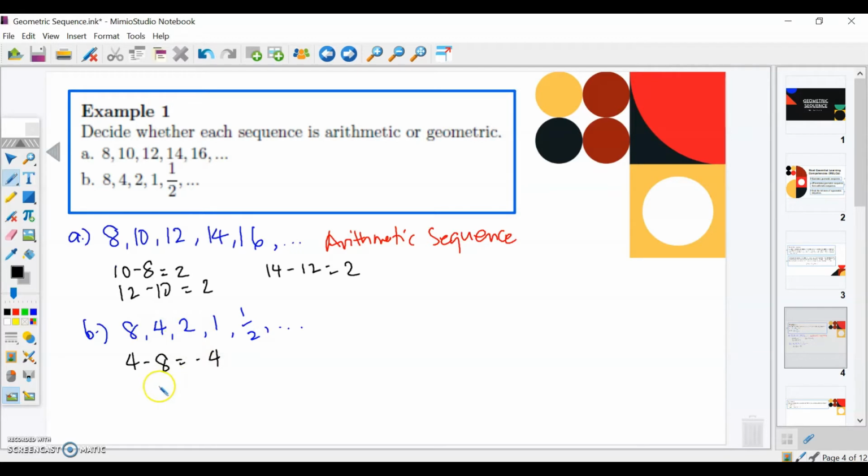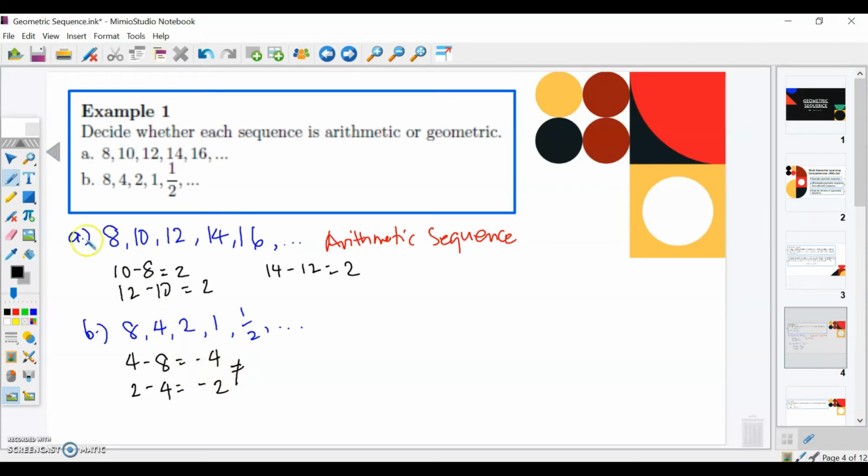I will take another two consecutive terms, 2 and 4. If you subtract them, it will give us negative 2. Based on the previous difference, which is negative 4, this is not equal to negative 2. Since these two are not equal, this cannot be an arithmetic sequence.